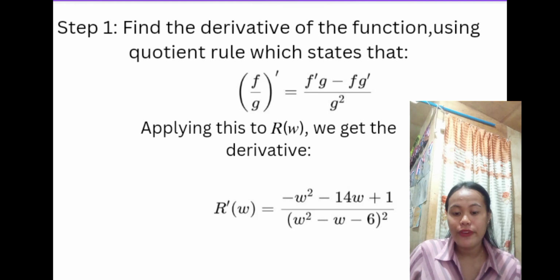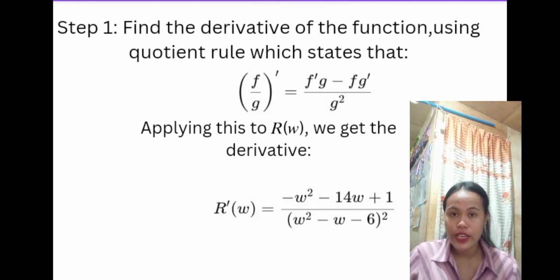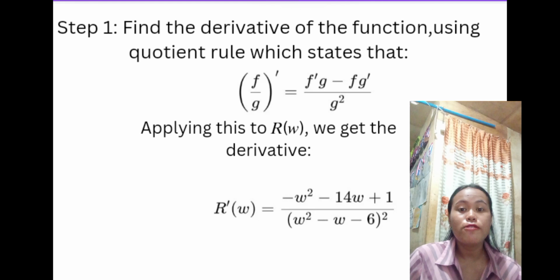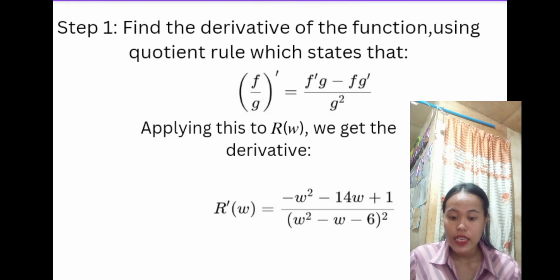For step 1, we need to find the derivative of the function. Using the quotient rule, which states that the derivative of f over g is equal to the derivative of f times g minus f times the derivative of g, over g squared.